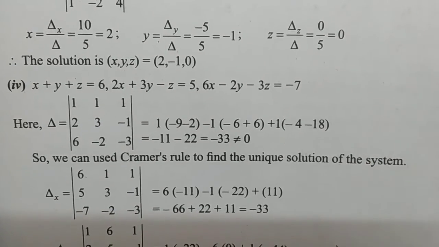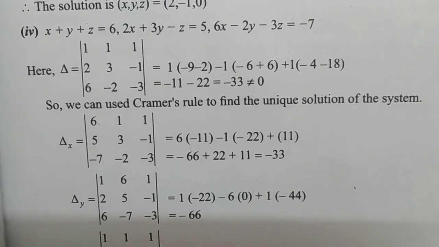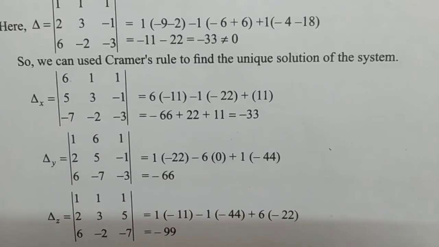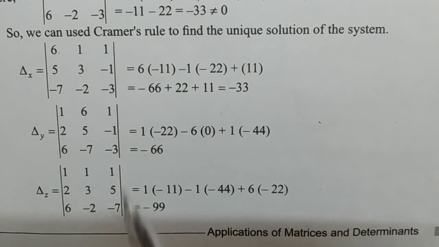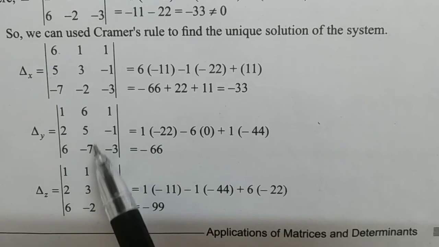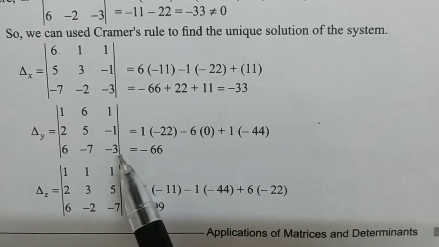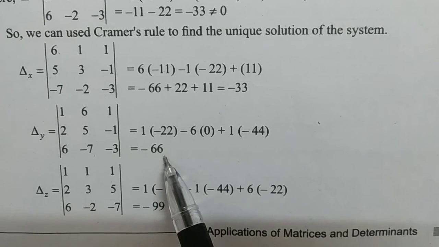And next, to find the value for delta y, replace the second column with 6, 5, minus 7. We get delta y as minus 66.